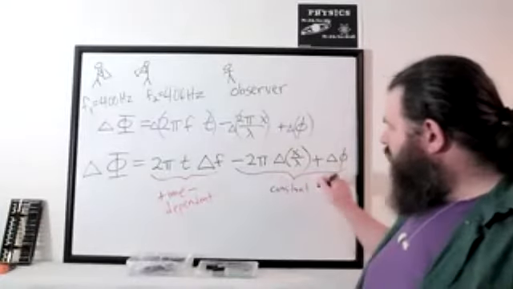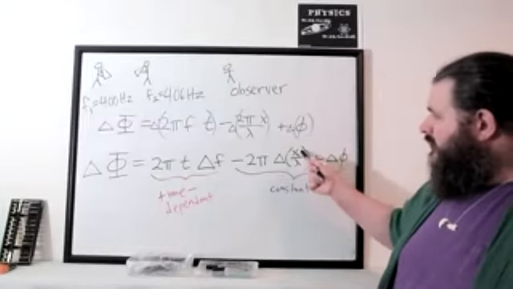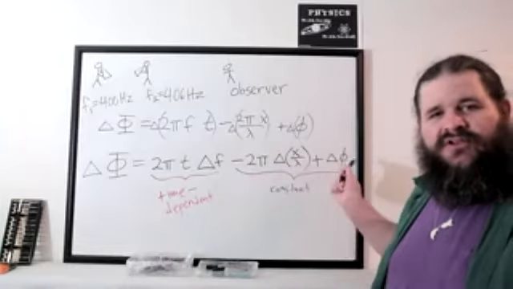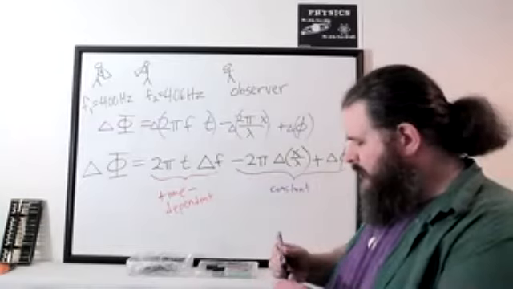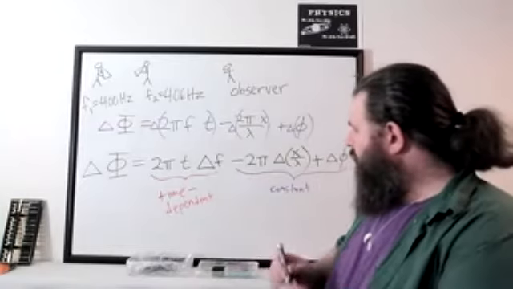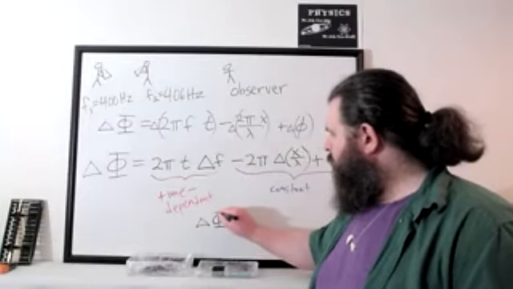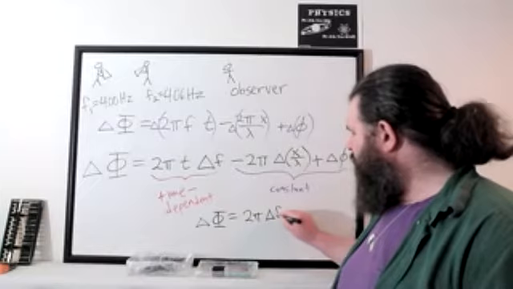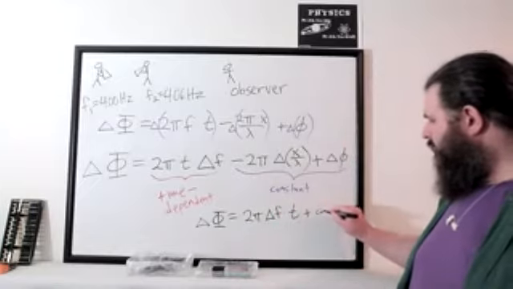And the value of that constant depends on the sources and how they're related to each other, depends on where you're standing, depends on the wavelength. But assuming none of those are changing, this is all just some big constant. So we end up with delta total phase equals 2 pi times delta frequency times time plus a constant.